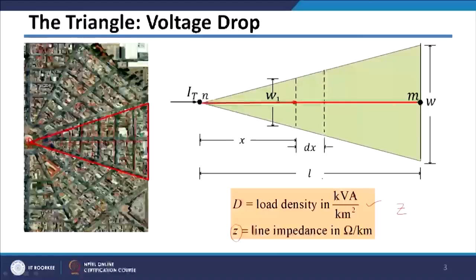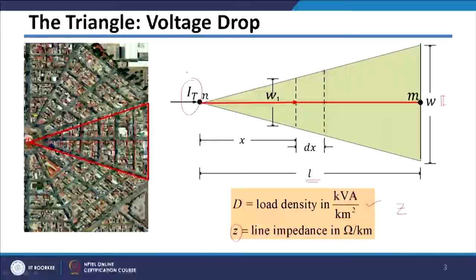In the triangular configuration also, I am considering the length of the feeder as L, and the width at the end of this triangle as W. The total current going into this triangular area is IT.